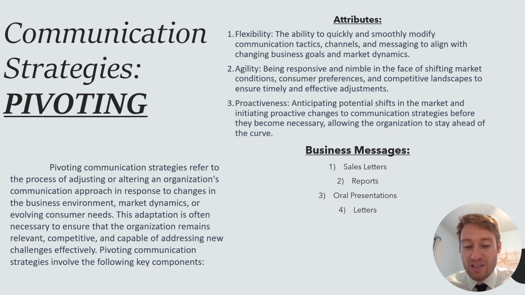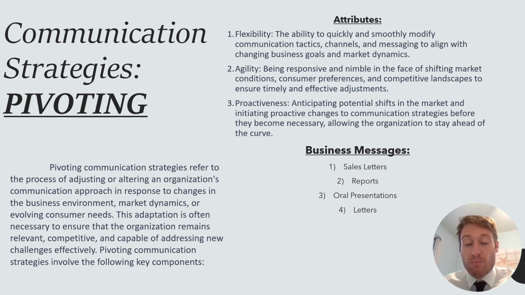It's fast. We're responsive, we're nimble. The market shifts, we're quick to change with the market. The preferences of the customer may change, the consumer may change, the landscape may change. So we're able to timely and effectively make adjustments to what we need to do.